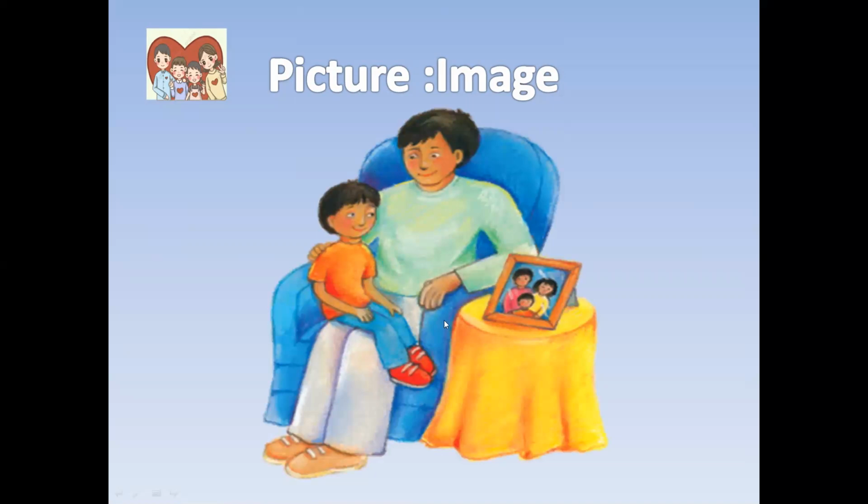You can use maybe this photo or this picture to give me an example. Great. What else? Great, my lovely students. Now let's see my example. This is my family picture. So the meaning of picture is image.